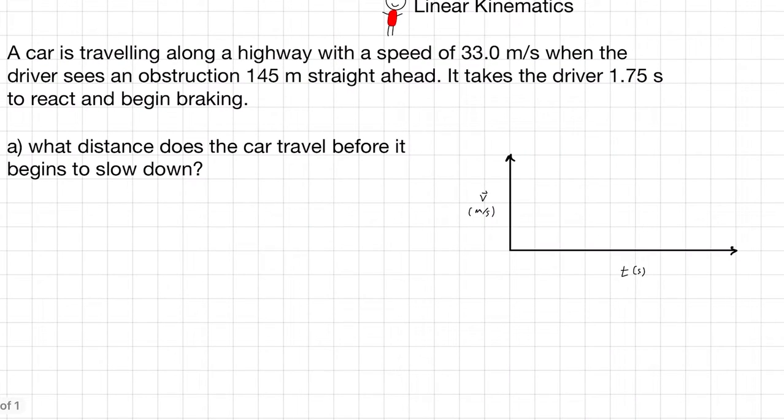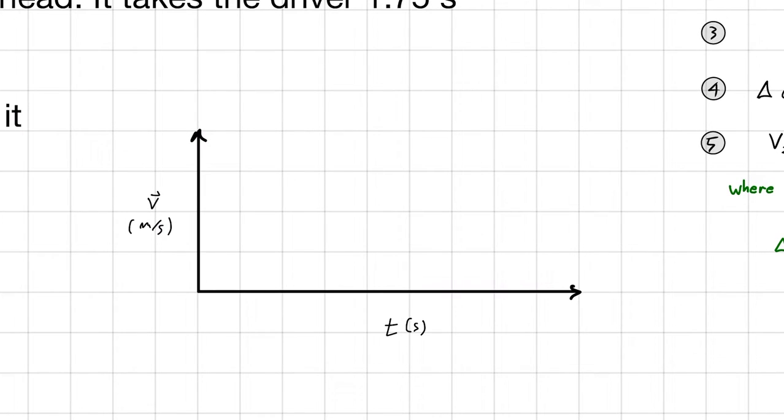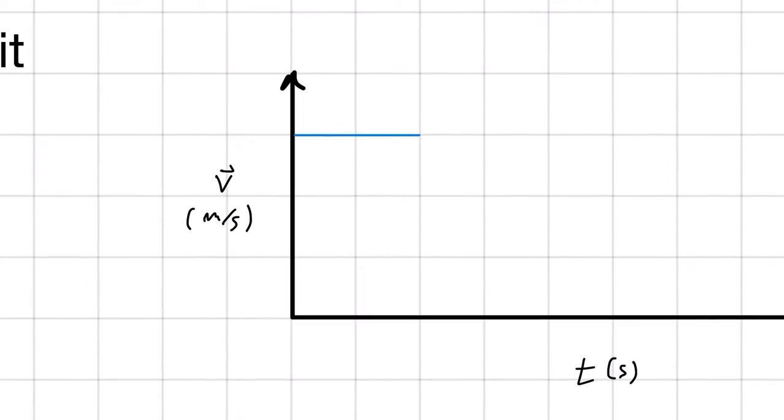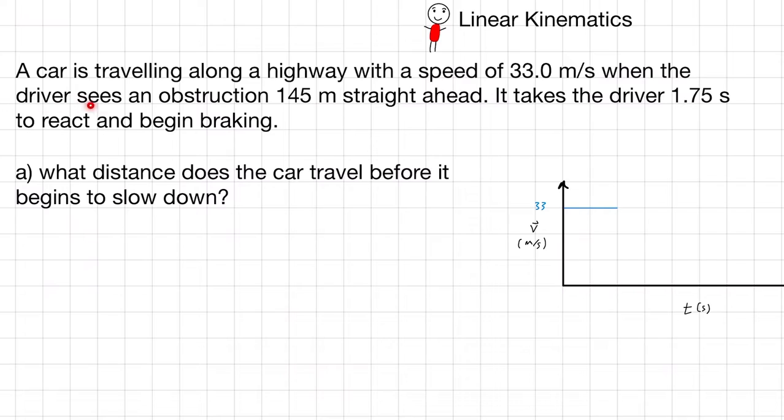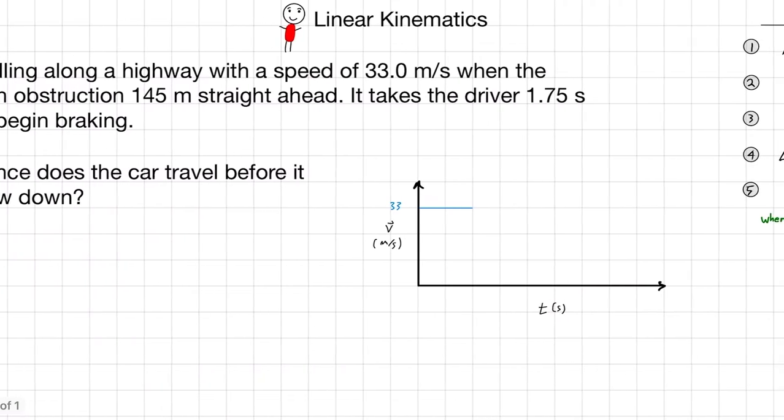Okay, so let's take a look at the information we're given. The car is traveling 33 meters per second, so let's draw a line. This will be our 33 meters per second here. And then when the driver sees an obstruction 145 meters straight ahead, it takes the driver 1.75 seconds to react and begin braking.